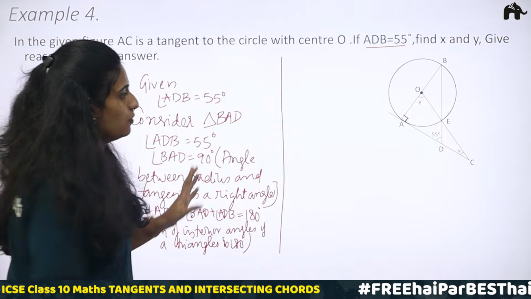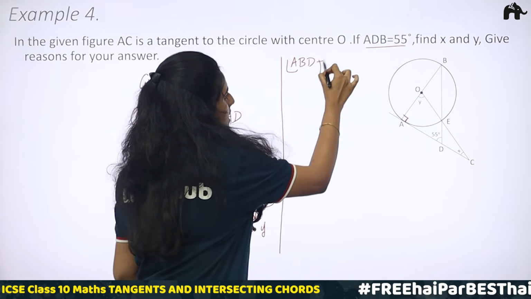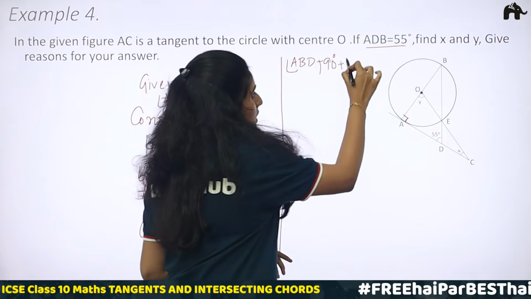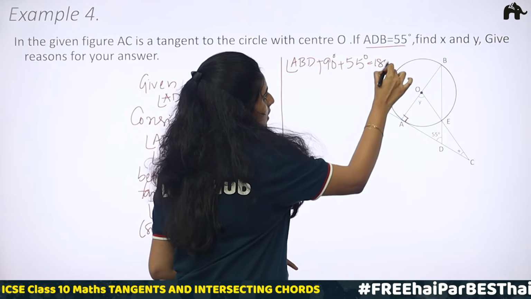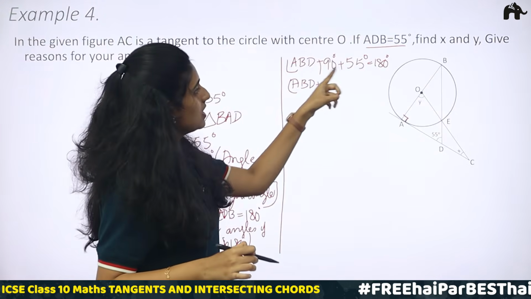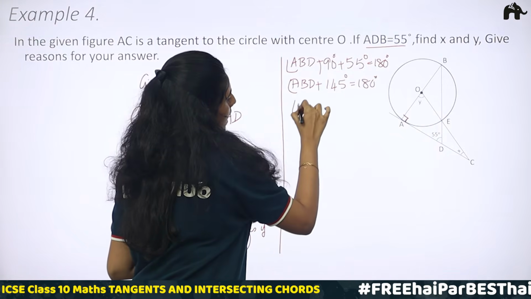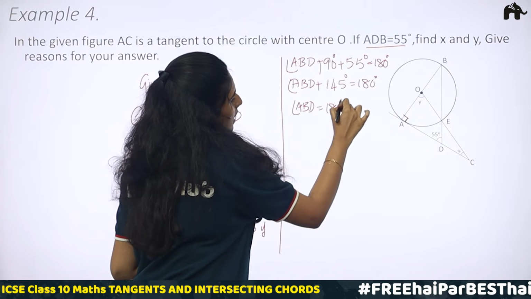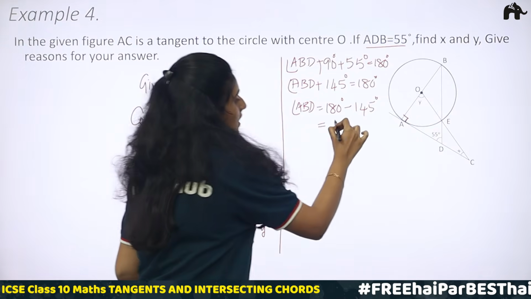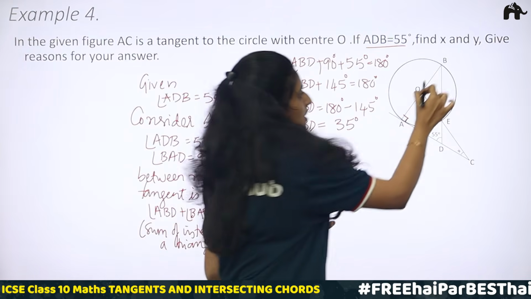Angle ABD plus BAD, which is 90 degrees, plus BDA, which is 55 degrees, is equal to 180 degrees. That is ABD plus 90 plus 55, we get 145 degrees, is equal to 180 degrees. ABD will be equal to 180 degrees minus 145 degrees. What is 180 minus 145? We get 35 degrees. Angle ABD is equal to 35 degrees.